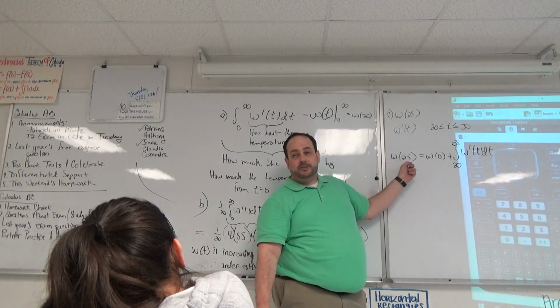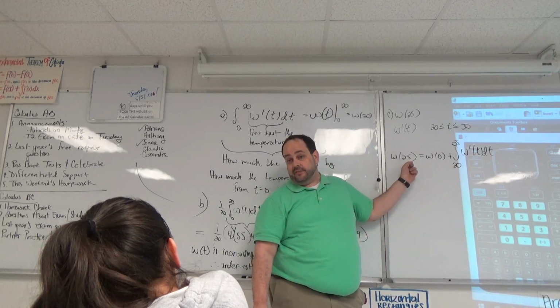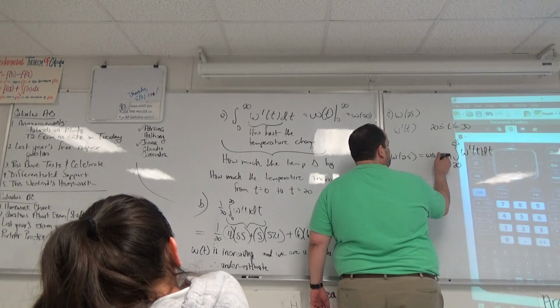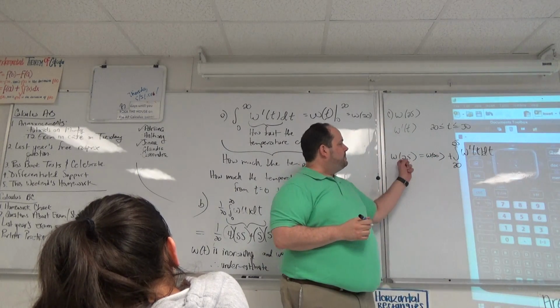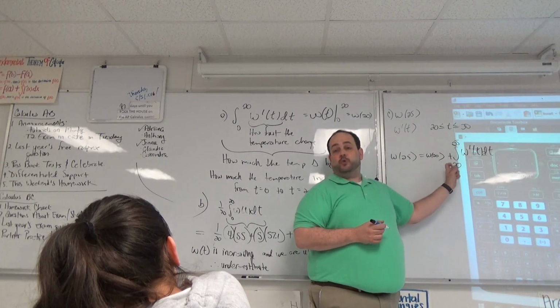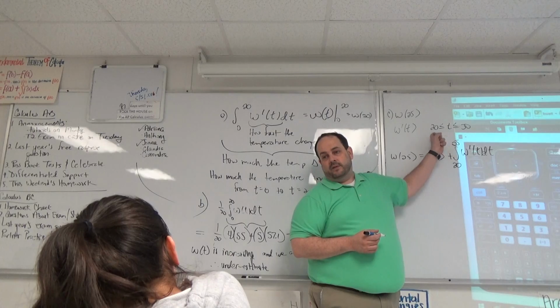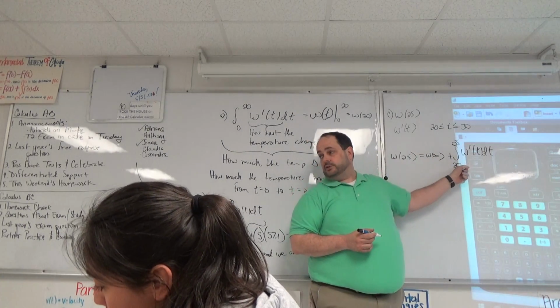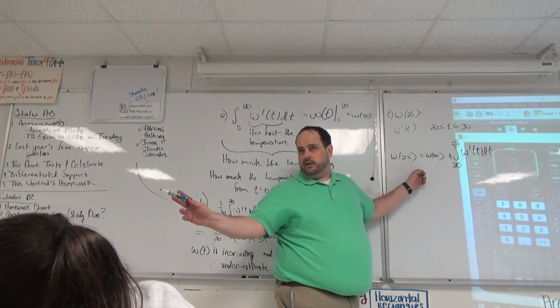They want to know the temperature at time 25. So you're going to take the temperature that you know, which is the temperature at time 20. Temperature at 25 equals the temperature at 20 plus the definite integral from 20 to 25, not to 30. Final equals initial plus the total change. Is everybody okay from here?